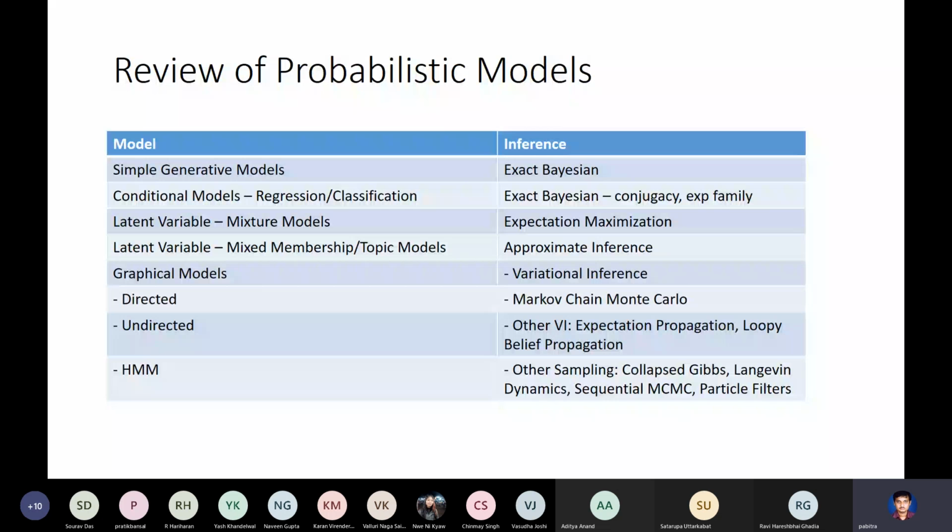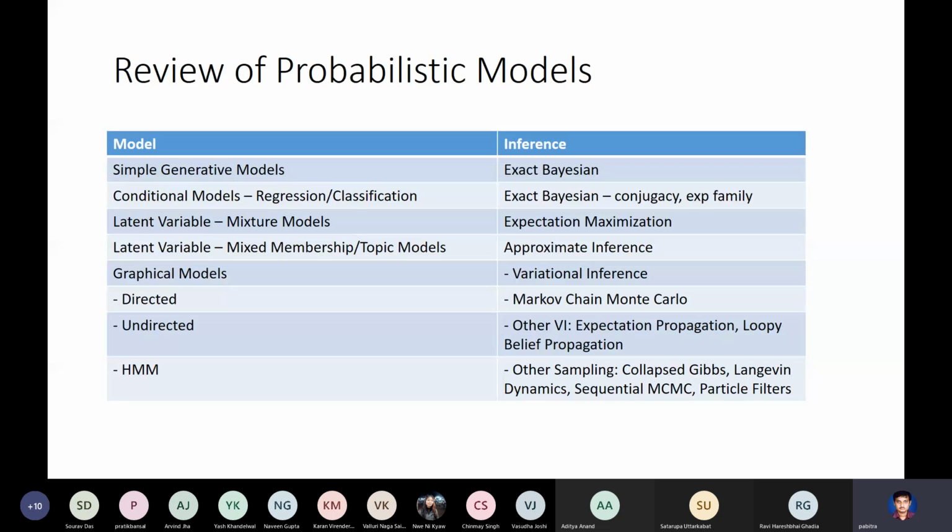So Gaussian mixture models all belong to this category. And next, today we'll see a little more complex latent variable model, sometimes known as the admixture model or the mixed membership model, more popularly known as topic models. Then we'll generalize the concept of latent variable to many variables, and then we have what are called graphical models.